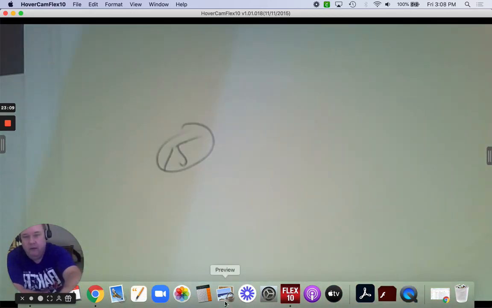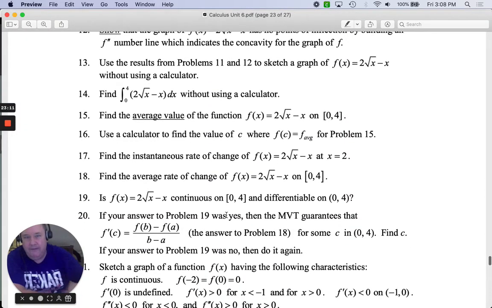Number 15. We're almost there. So for number 15, find the average value of that same function from 0 to 4. So to find average value, we integrate the function, which is 2 root x minus x, over the interval from 0 to 4, and then we divide by the difference of the bounds.